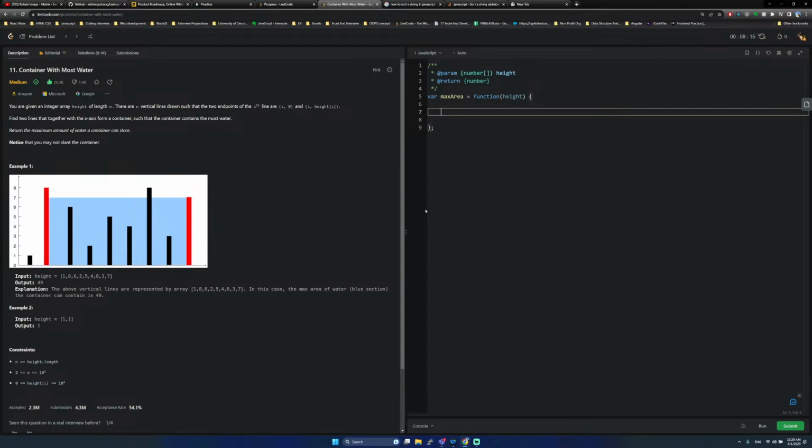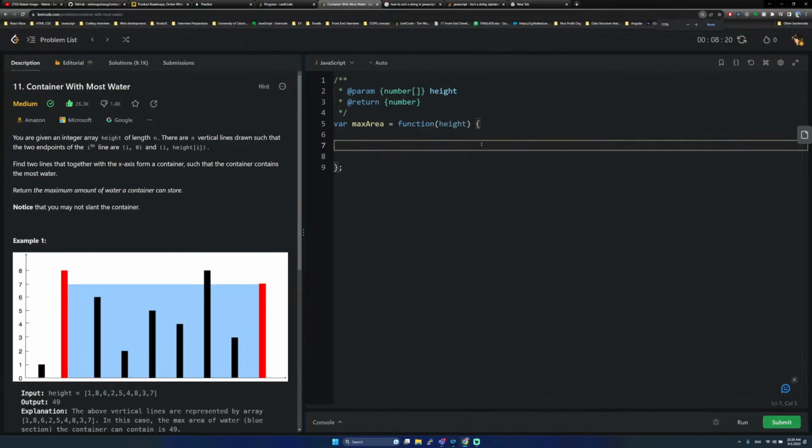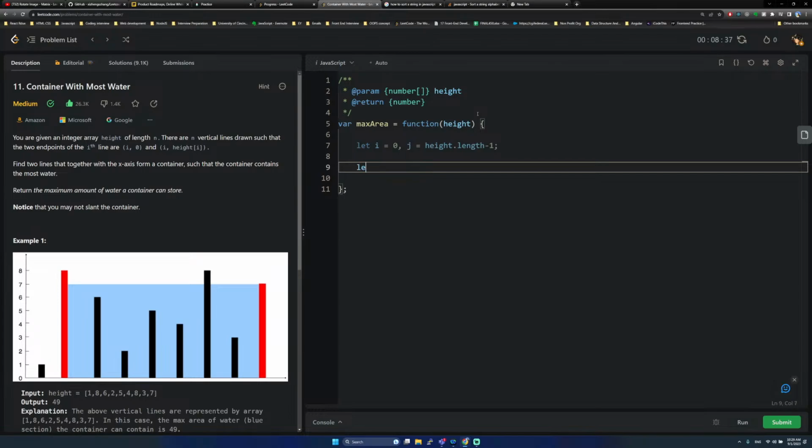So what I can do here is increase the font size a little bit, and then we want i equals 0 and j equals height.length minus 1. We want it to point like that.